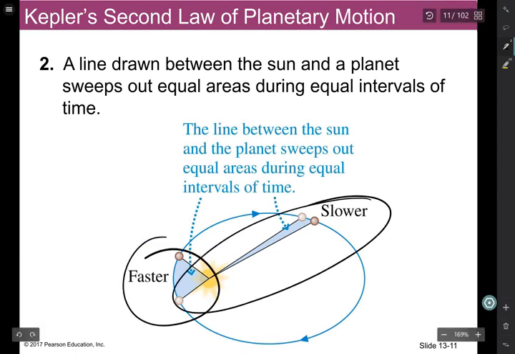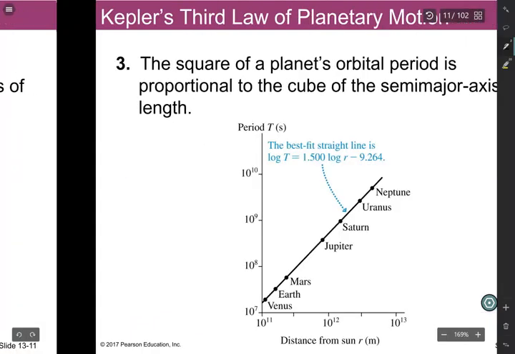When you're far, you move slow. That's Kepler's second law. So if you're in a circular orbit, you never change your speed because you're always the same distance from the thing you're orbiting. But for something like a comet that has a highly elliptical orbit, it moves very, very slow when it's far away and much, much faster when it's very close to the sun. And again, we'll show where this comes from later.